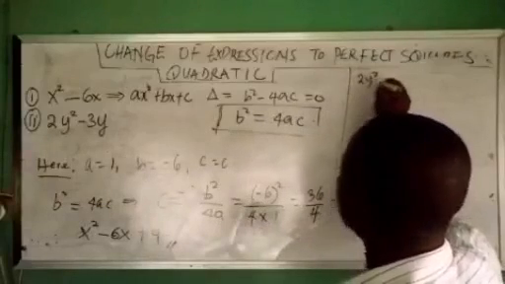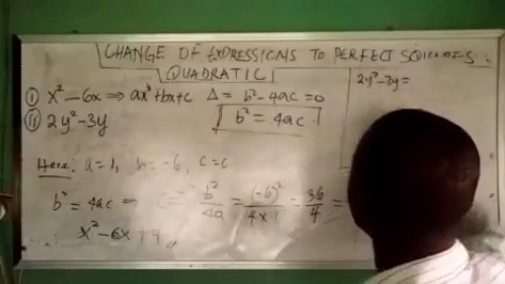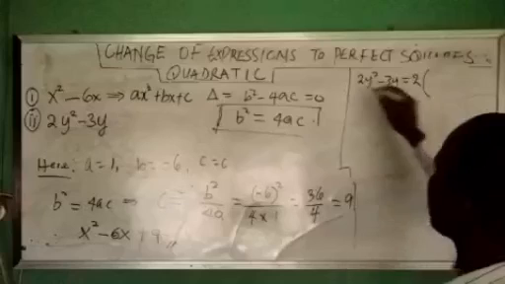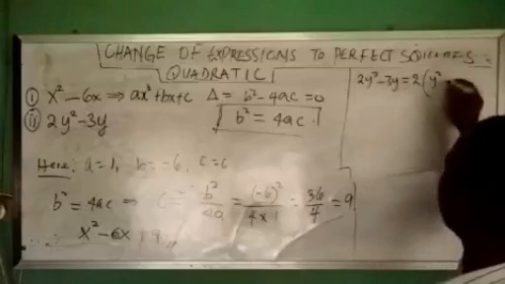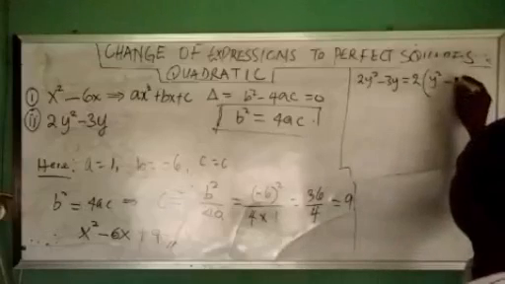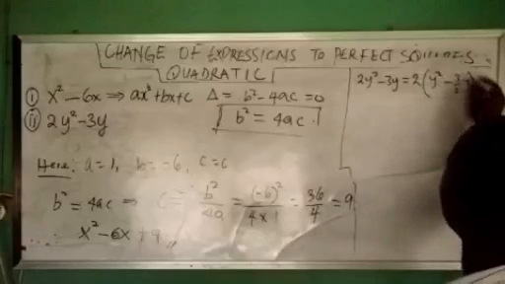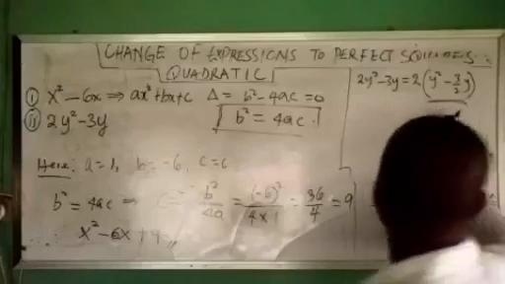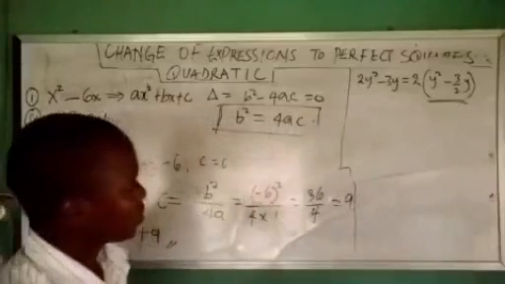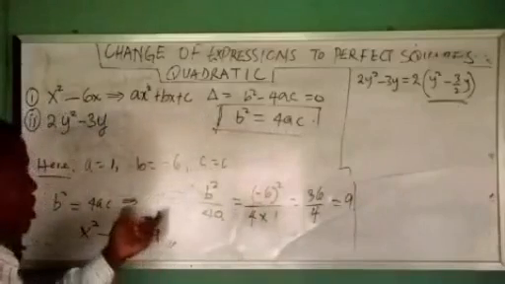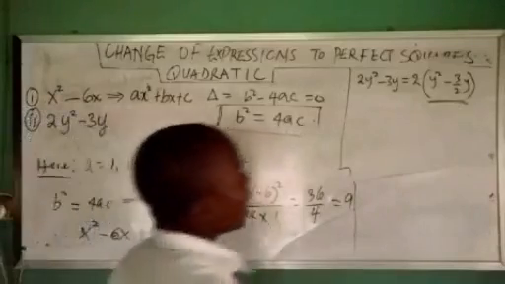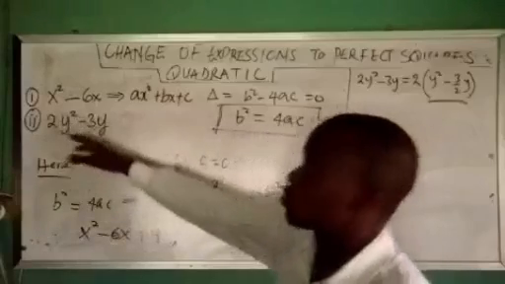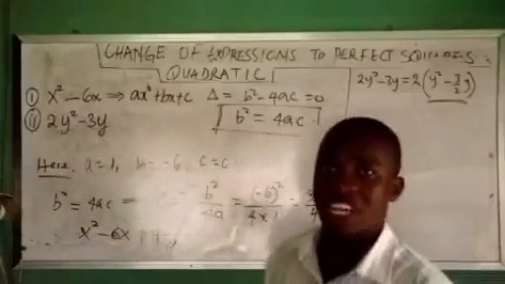2y squared minus 3y can be written as 2 bringing out the 2, y squared minus 3 over 2 y. So now you take this one in the form of this. Are you getting it? Now, our variable has changed to y. It can be z, it can be anything.